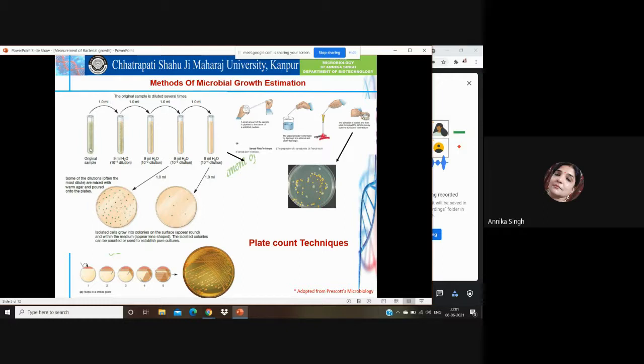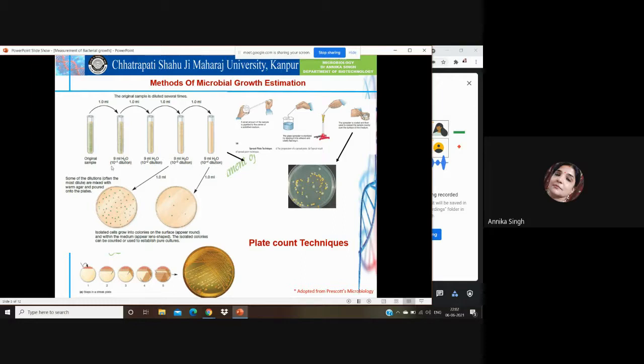So for that purpose, you have to take 9 ml of sterile water, or whatever a constant volume you should take, and add, for example, if you take 9 ml of sterile water and add the 1 ml of original sample, it means total volume in this tube is 10 ml. ओके, सो 10 ml में जो आपका ओरिजिनल सैंपल है वो कितना है? 1 ml. तो दिस 1 ml ओरिजिनल सैंपल, इट इज डाइल्यूटेड बाय 10 times.